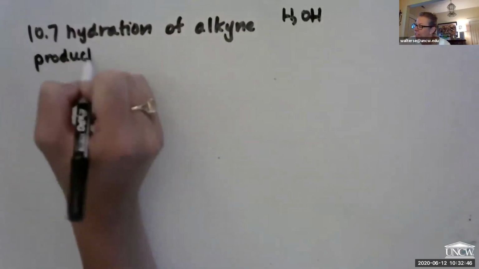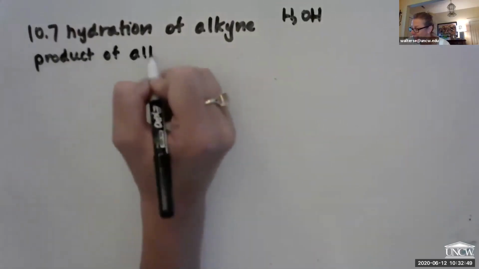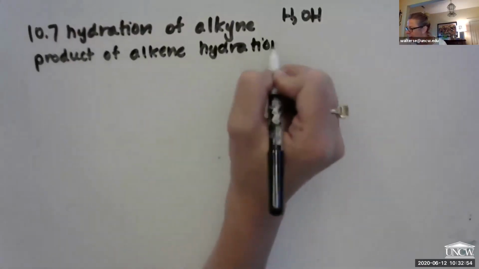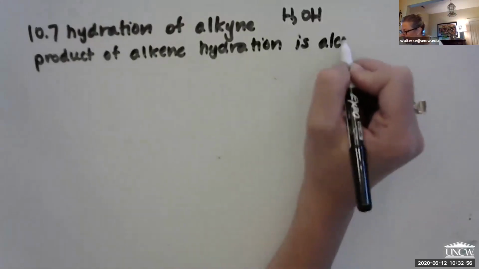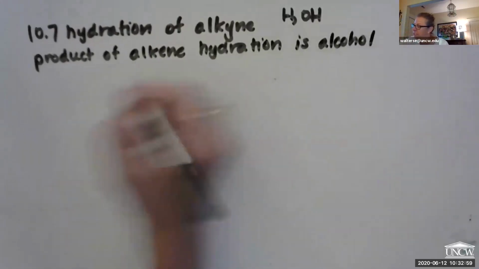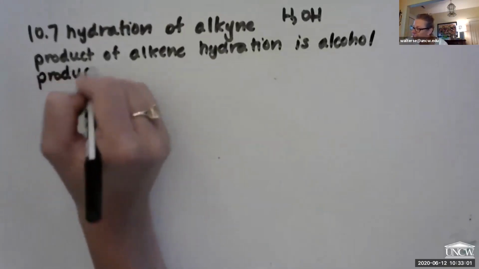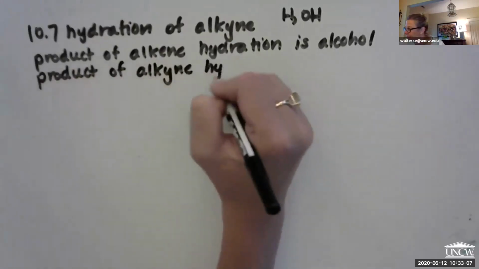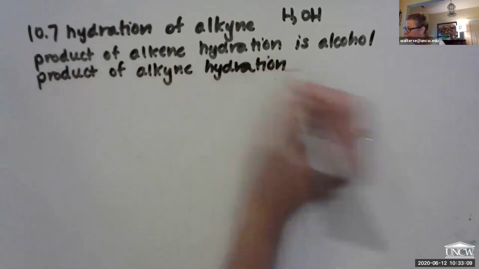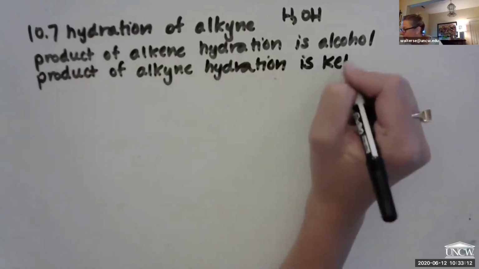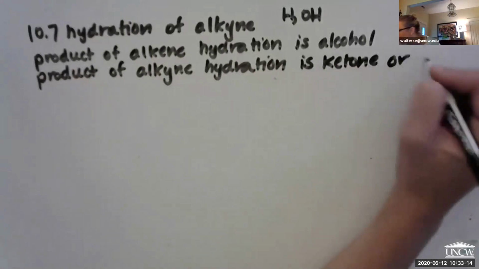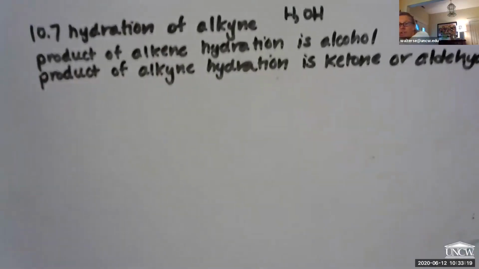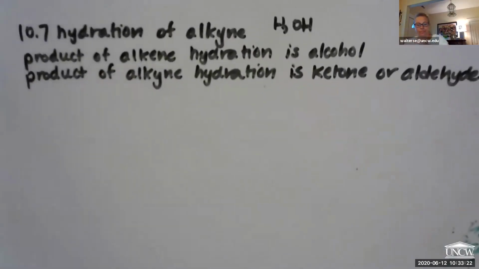The product of alkene hydration is an alcohol. The product of alkyne hydration is either a ketone or an aldehyde. Okay, so you're not going to make alcohols this time.